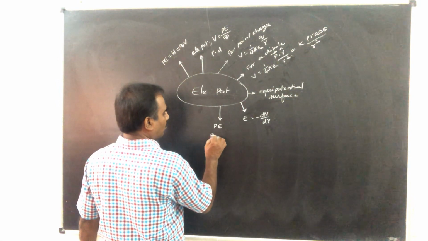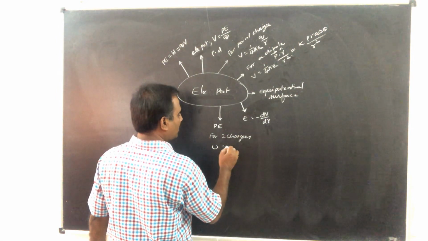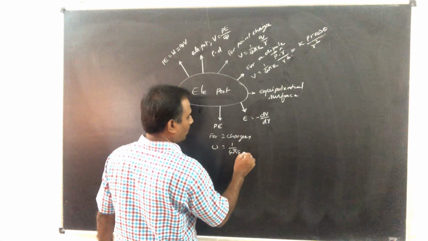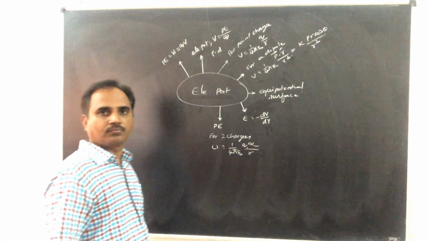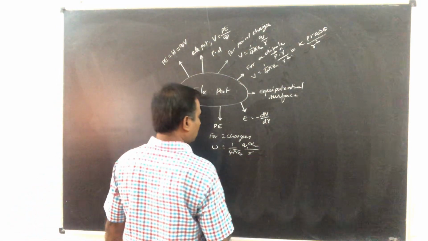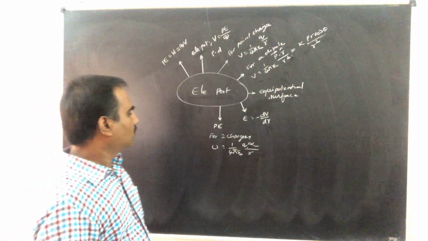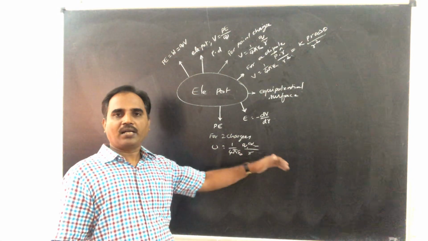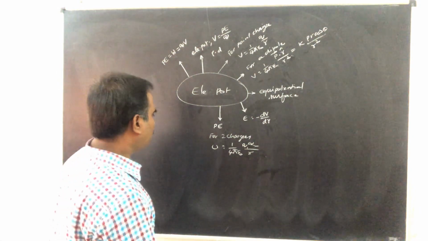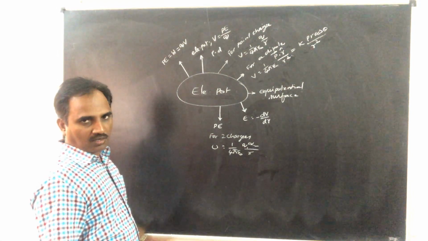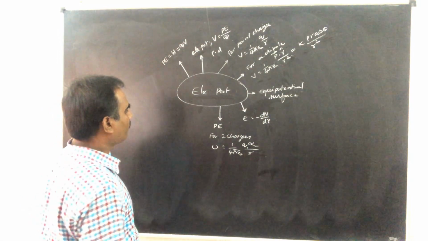So, for 2 charges, this U is equal to 1 by 4 pi epsilon naught Q1 Q2 divided by R. For 3 charges, you will get 3 terms. So the number of terms is given by n into n minus 1 divided by 2. That's what I told you.